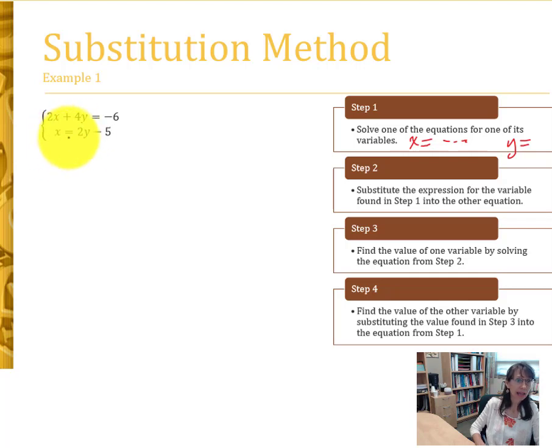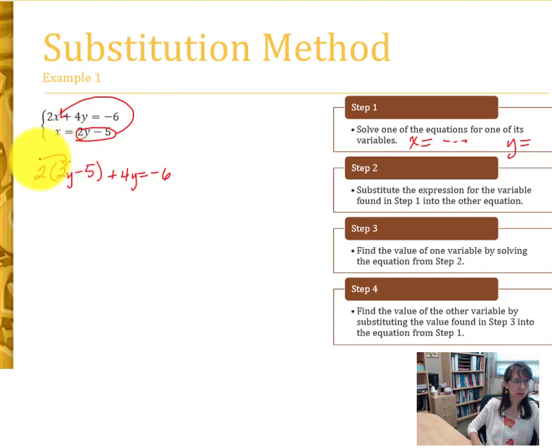So that means if x is worth 2y minus 5, we can take this expression and substitute it for x in the first equation. So we have a new equation to write. Instead of 2x, we're writing 2 times the new value of x. That's 2y minus 5. Then we'll add 4y equals negative 6.